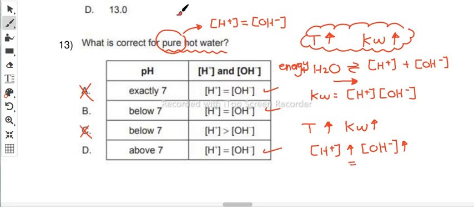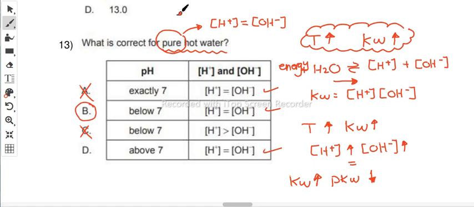Now, what happens exactly to the pH? If Kw increases, we need to remember that the pKw, which is the negative logarithm, will decrease. So based on that, the pH of the water will be below 7.